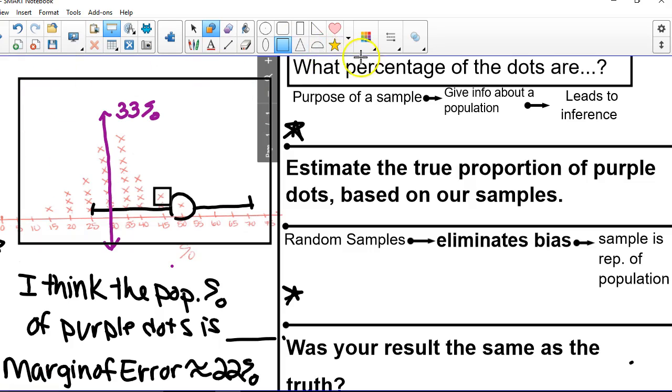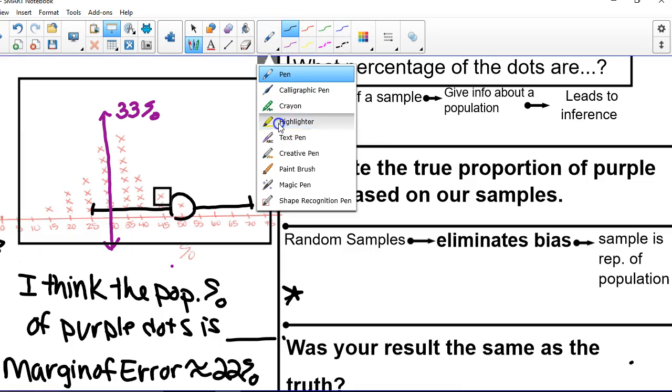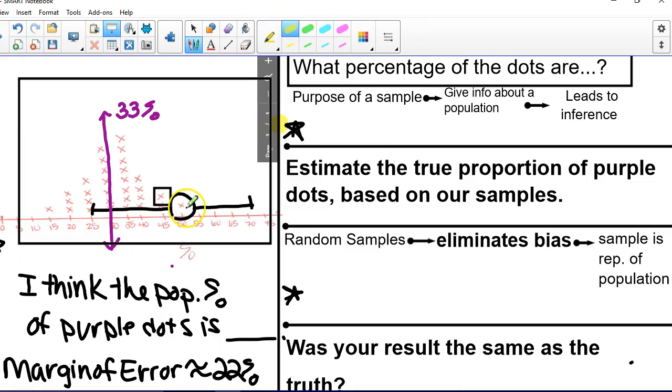So then I used that for our, let me get my highlighter out, excuse me. I used that then with our example with dots. I said someone here got 50%, right? So they would say, I think 50% of the population has a purple dot. Well, the truth is 33%.